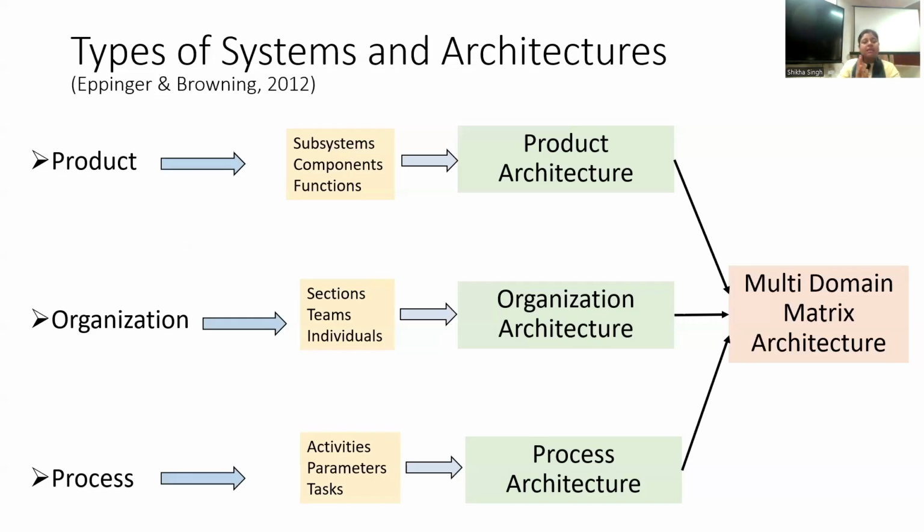Then there may be a separate team or separate systems engineer who are talking about the organization architecture, right? And then there will be a third component, the process architecture. There will again be some separate systems engineers and separate teams who are working on the process architecture.